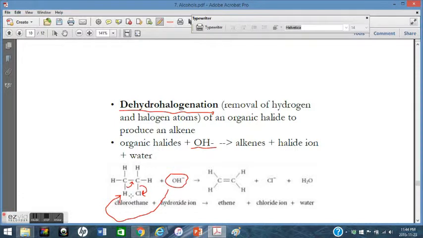Okay, and so we can have a dehydrohalogenation reaction where we react the organic halide with an OH minus. It yanks away a hydrogen to make water, and then the resulting rearrangement forms a double bond, makes our alkene, and boots out the halide ion.